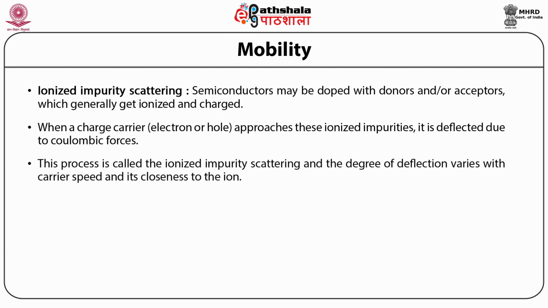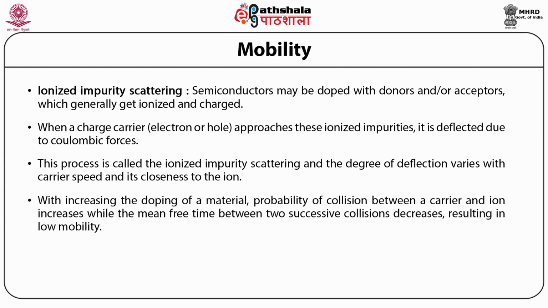This process is called the ionized impurity scattering, and the degree of deflection varies with carrier speed and its closeness to the ion. With increasing doping of a material, the probability of collision between a carrier and ion increases, while the mean free time between two successive collisions decreases, resulting in lower mobility.